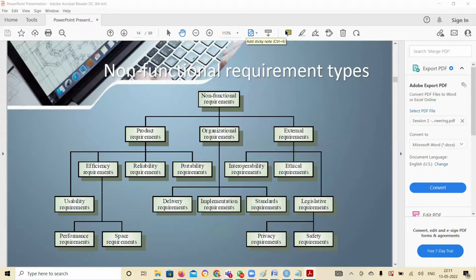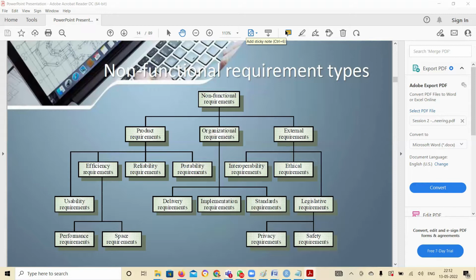Then you have standard requirements. Most industries have some standards. You say that our software is ISO 9001 certified, something like that. That is called a standard. They'll say that if you meet so and so standard, so and so regulation, only then we will buy your product.